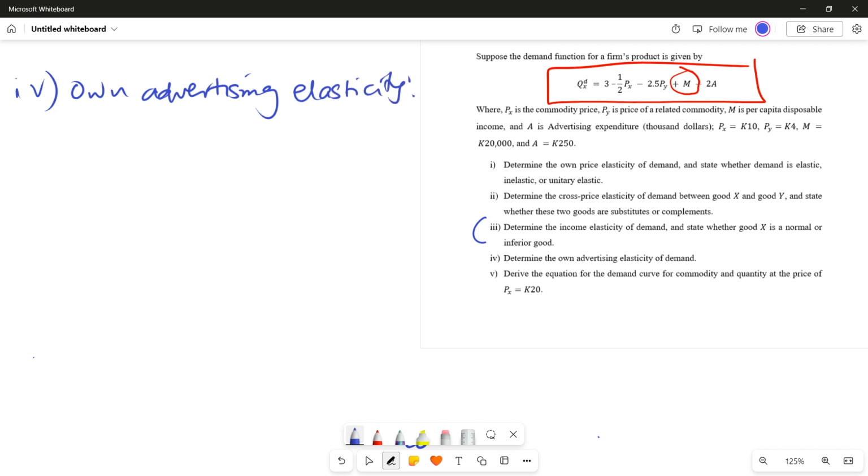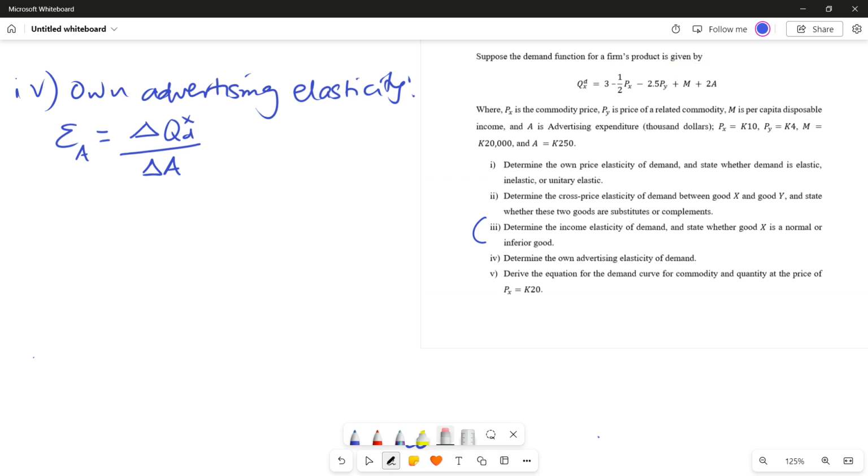So in this case, I want to get elasticity with respect to A, which is the change in quantity demanded of good X as a result of a change in A. Now, as usual, we'll have to go back to our function and check where A is. So A is there, positive 2A.